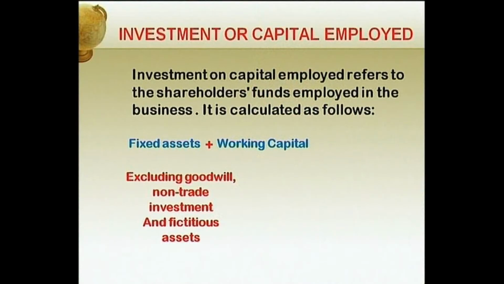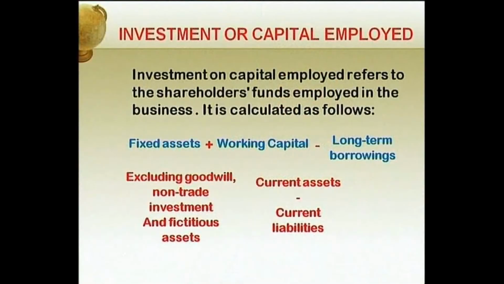Then one thing is to be added into it, that is working capital, and we know that working capital is computed by the difference of current assets and current liabilities. So, current assets minus current liabilities is to be added to the fixed assets, and one more feature is there, that is we have to exclude or reduce long term borrowings.